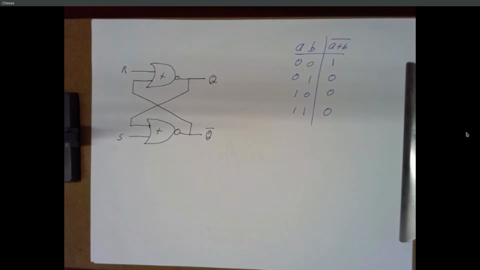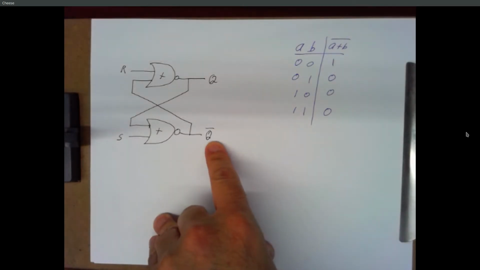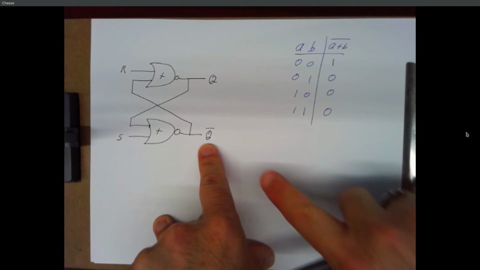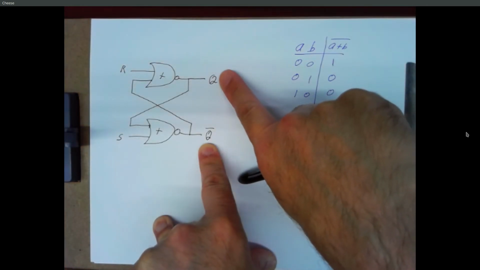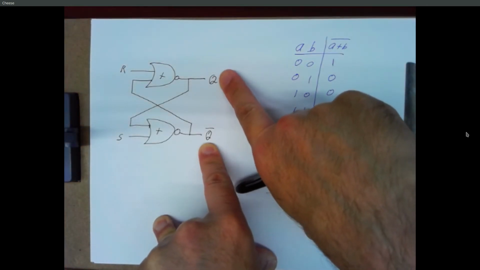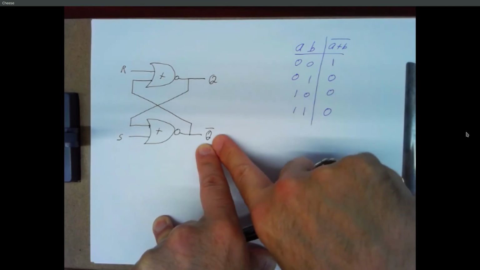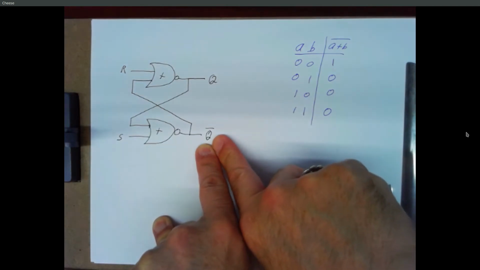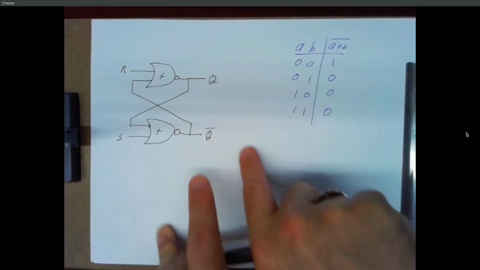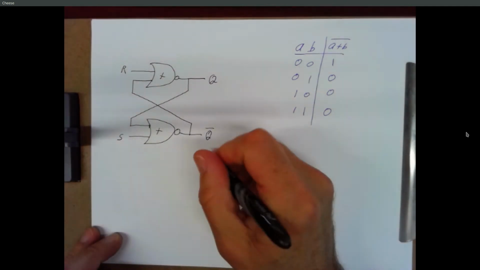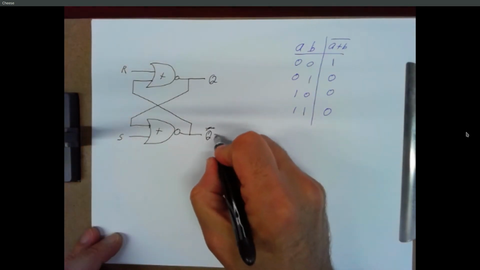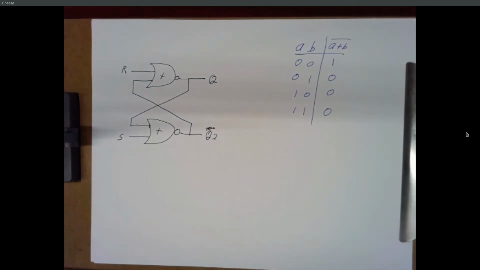Now we don't normally label outputs with bars on top of them, or we wouldn't have an output called A and B. This is really just kind of a convention. The way this works, this is always going to be the opposite of that. So when you look up these things called flip-flops or gates, you'll see an output labeled Q bar, and it means that it's the opposite of Q. But for now, let me just call it Q2. And we'll see that it's always the opposite of Q.